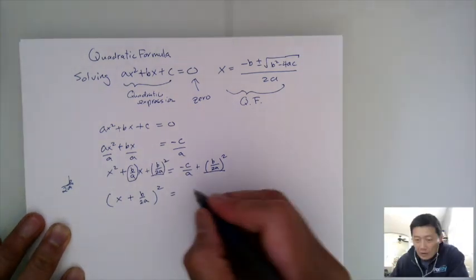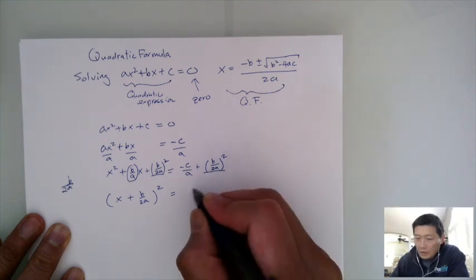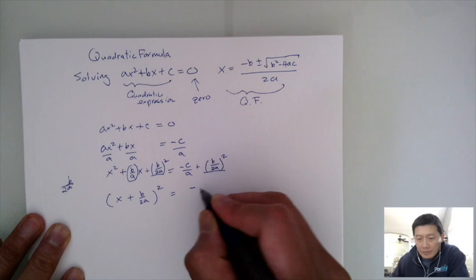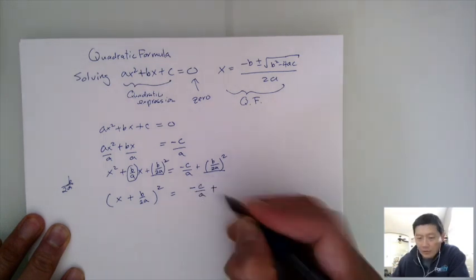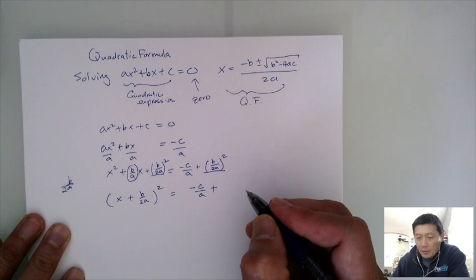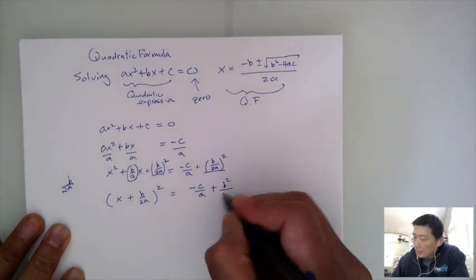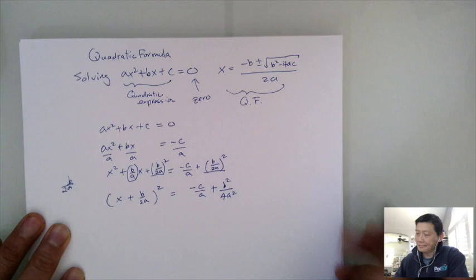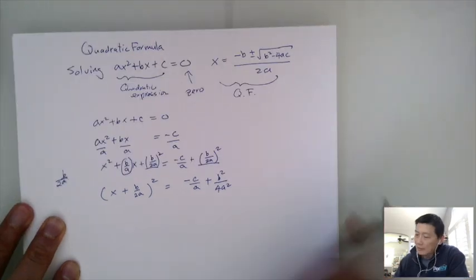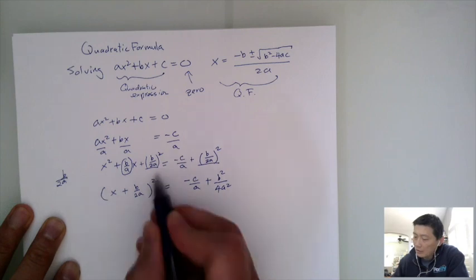So I'll write it out: negative c over a plus b squared over 4a squared. Easy enough?